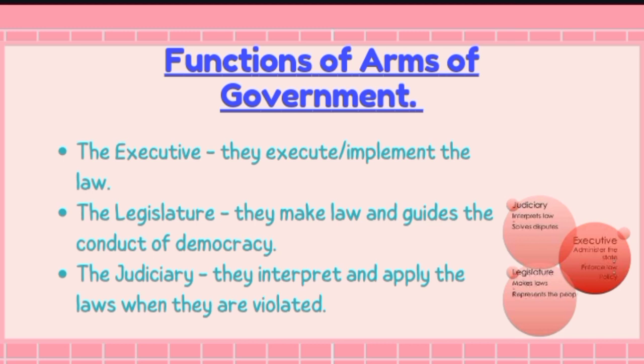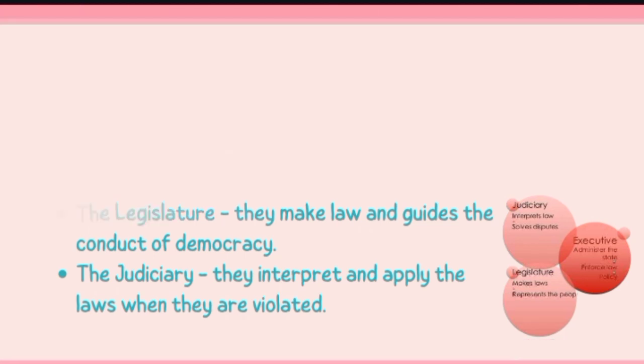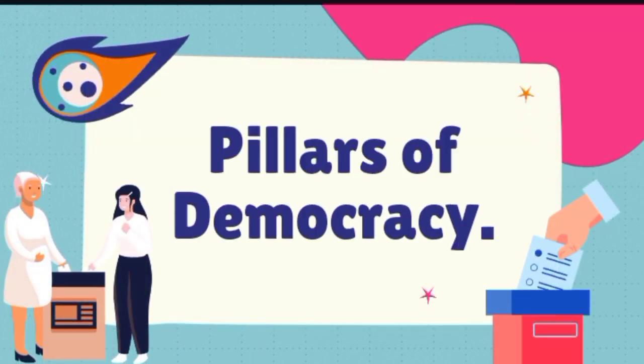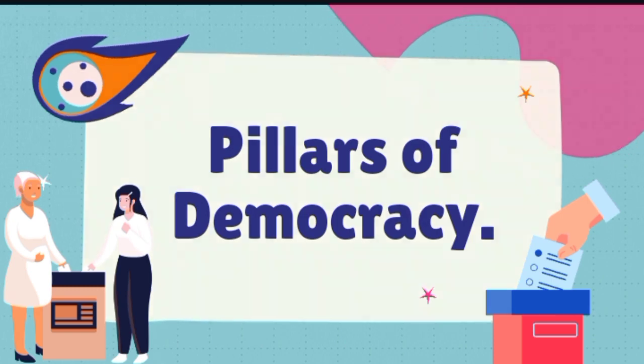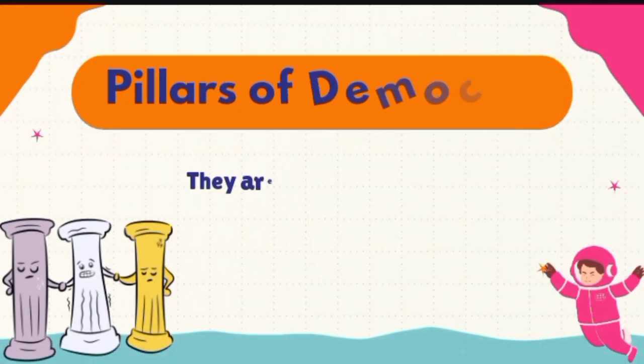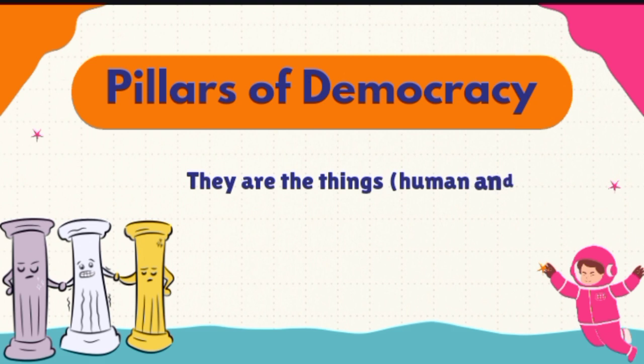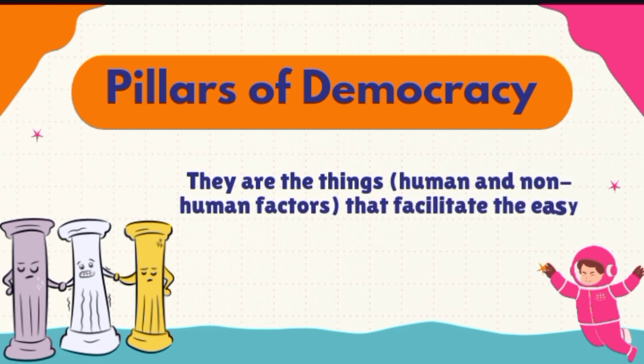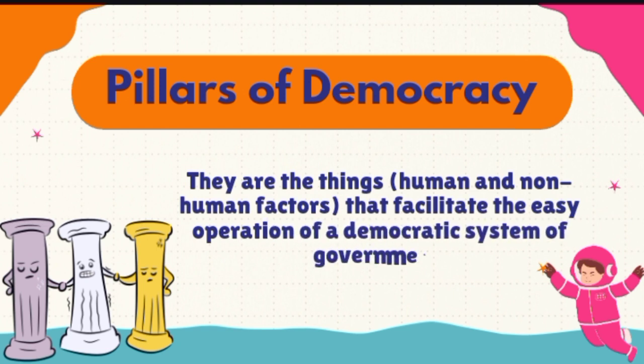We are getting close to the end of this lesson. Lastly, we have the pillars of democracy. When we talk about pillars of democracy, we are referring to human and non-human factors that contribute to the smooth running of the democratic process in a given democratic society.